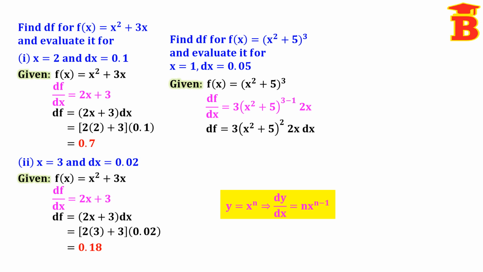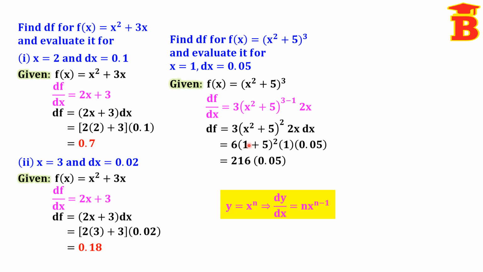Now we can substitute the given values. This 2 into 3 multiply 6 into bracket x value 1, so 1 squared 1 plus 5 whole square into again this x value is 1 into dx is 0.05.